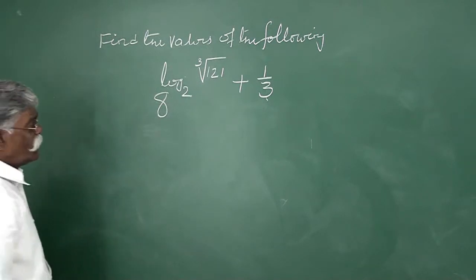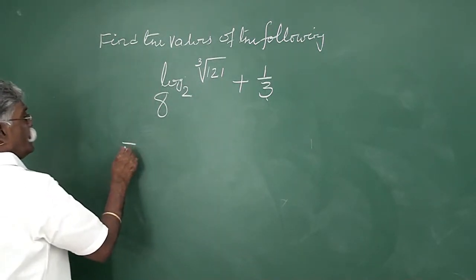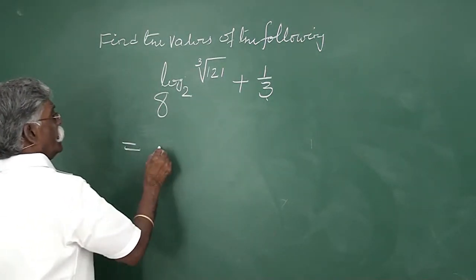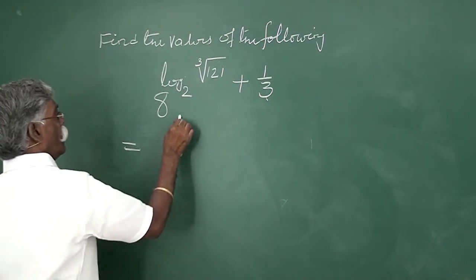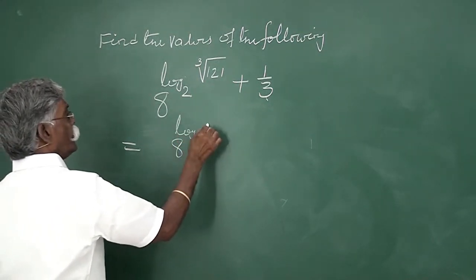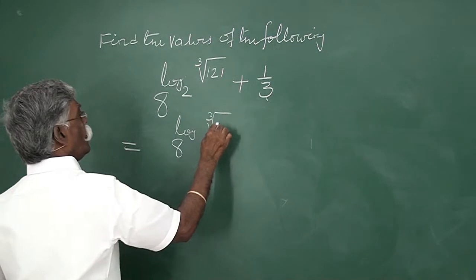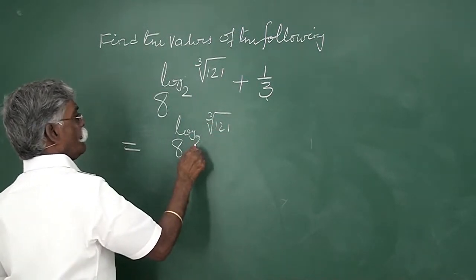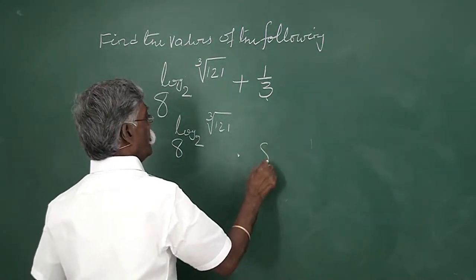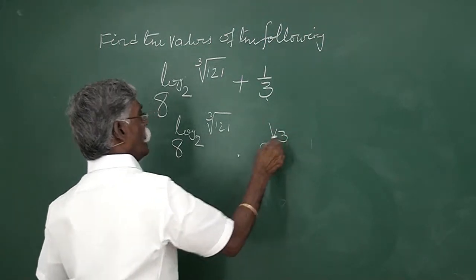First let us split these into two terms. It is 8 power log of cube root 121 to the base 2 into 8 power 1 by 3.